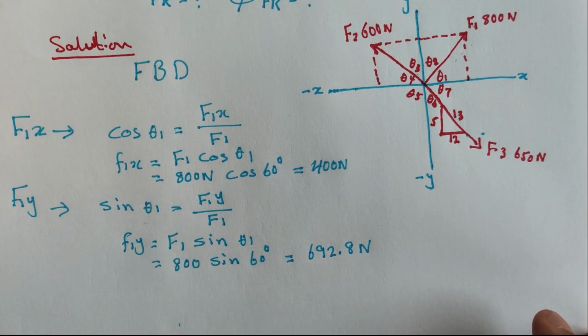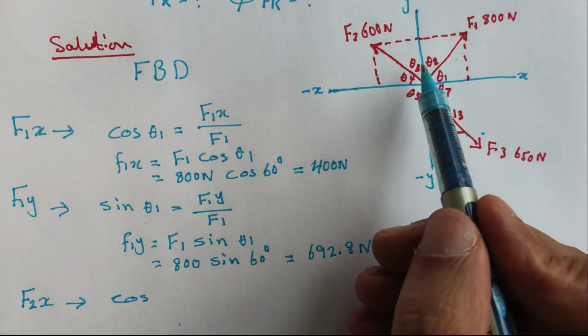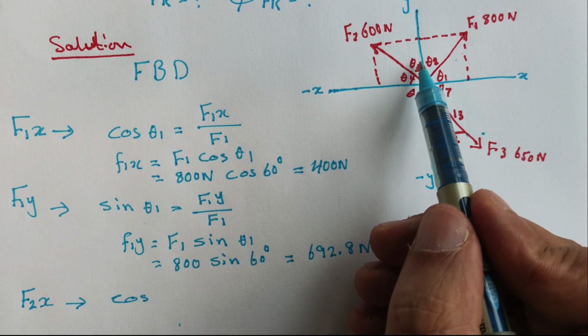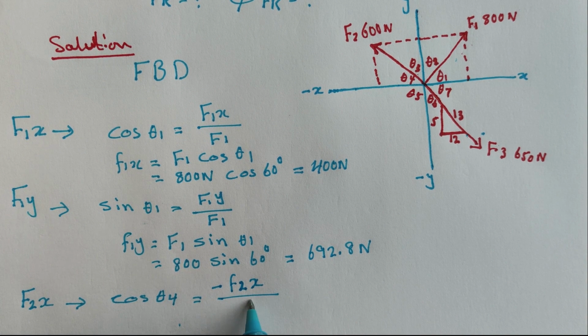Now working on F2 in the x direction, cos theta 3 equals theta 4 equals 45 degrees, so either one of them. I'll take theta 4 in this case, which equals negative F2x divided by F2.